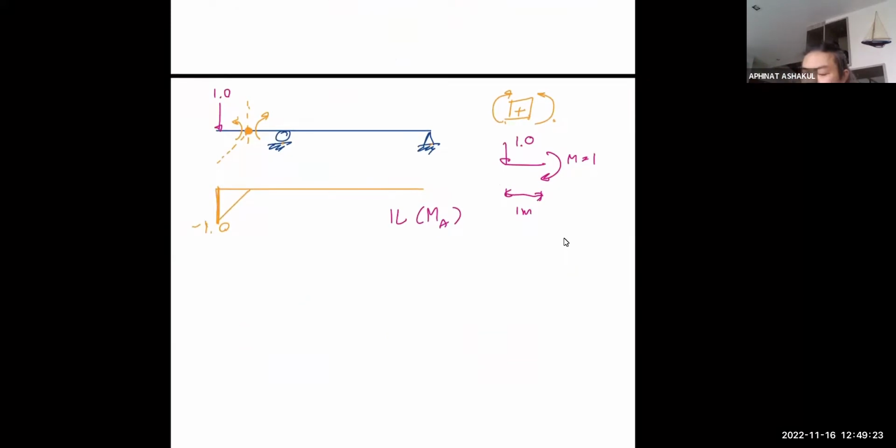When your load is no longer on the left side of A, point A no longer has moment, and it shows on the influence line. So any questions? Quiet. Is that clear? Maybe. Now let's move on to point B.